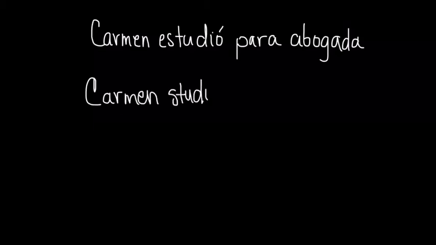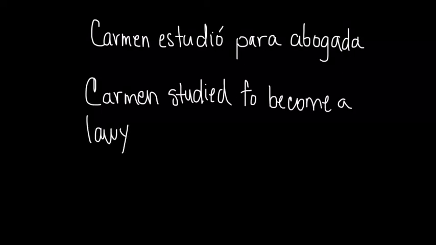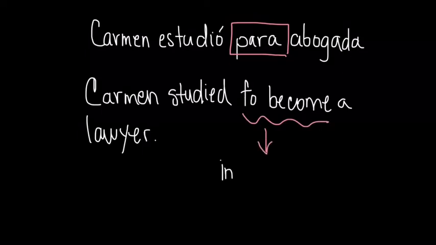to protest the decision. Let's take a look at another example that indicates a different meaning of the word para in English in the context of purpose. Carmen estudió para abogada. Carmen studied to become a lawyer. In this case, the word to become means in order to.